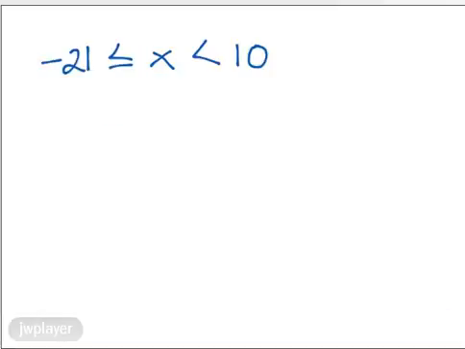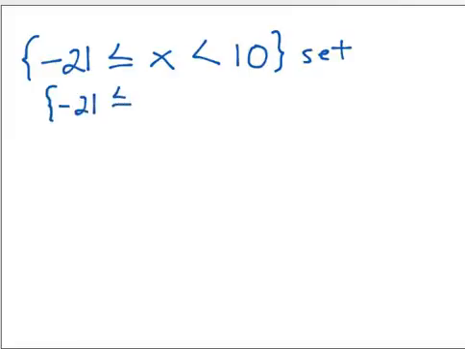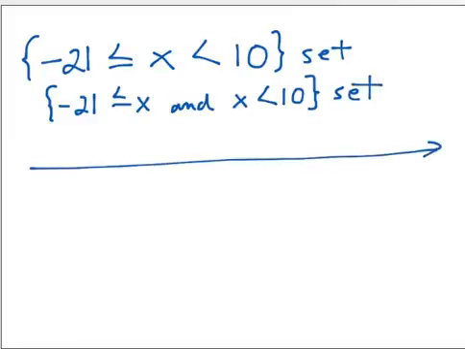Compound inequality. Put our little brackets here, and that makes it set notation. Or we can break it apart so that it's easier to see. Still set notation. Let's get ready to graph.